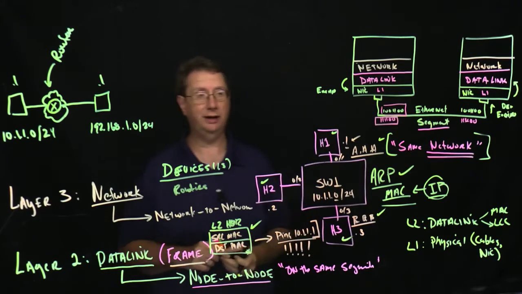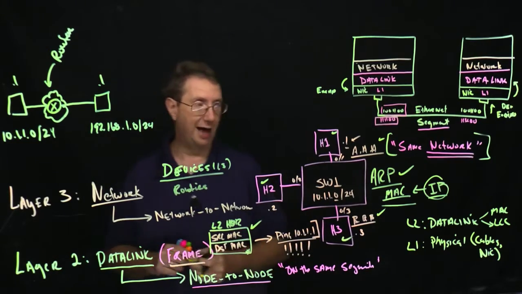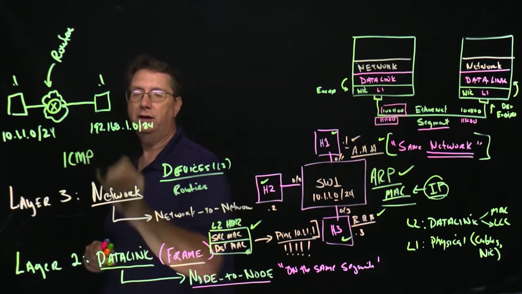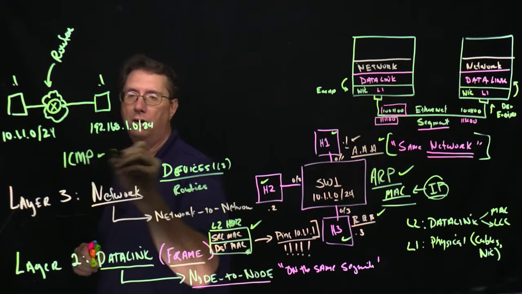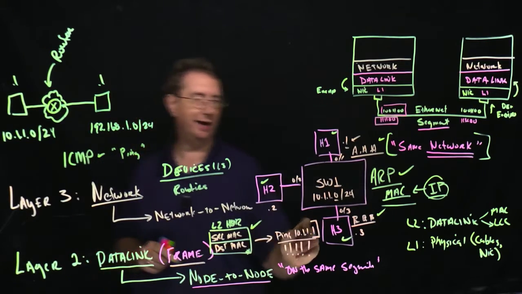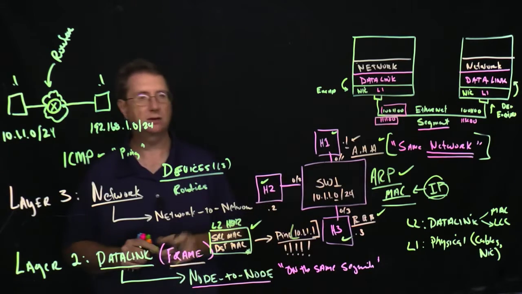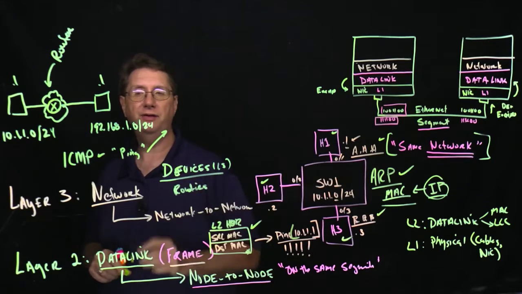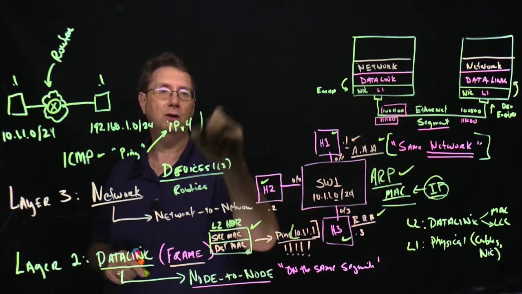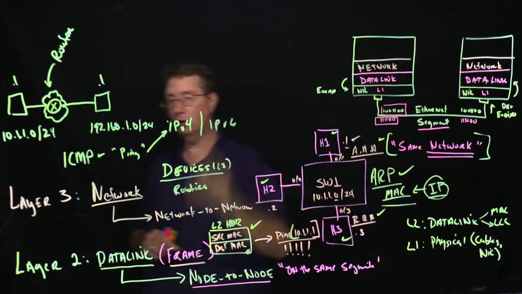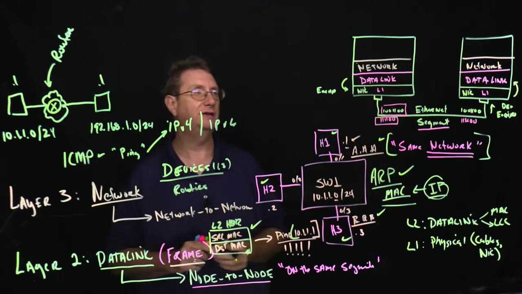Protocols that run at layer 3 would include protocols like ICMP, Internet Control Message Protocol. In other words, that ping was to an IP address, so that's going to be a layer 3 protocol. Other protocols we're going to work with are specifically IP. We can have IPv4, we can have IPv6 addresses. These are all components we have to be worried about when it comes to networking.